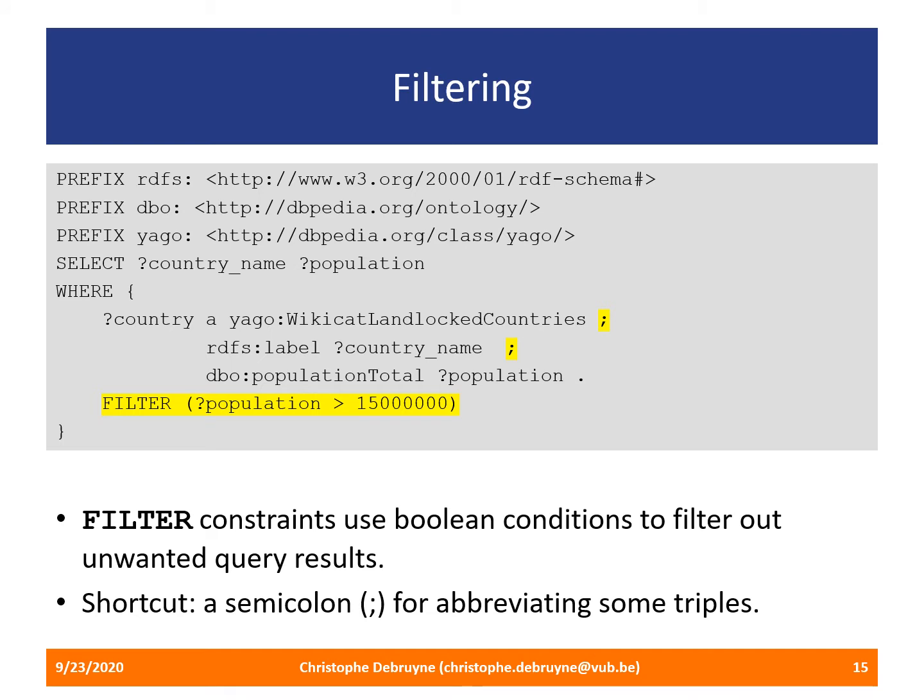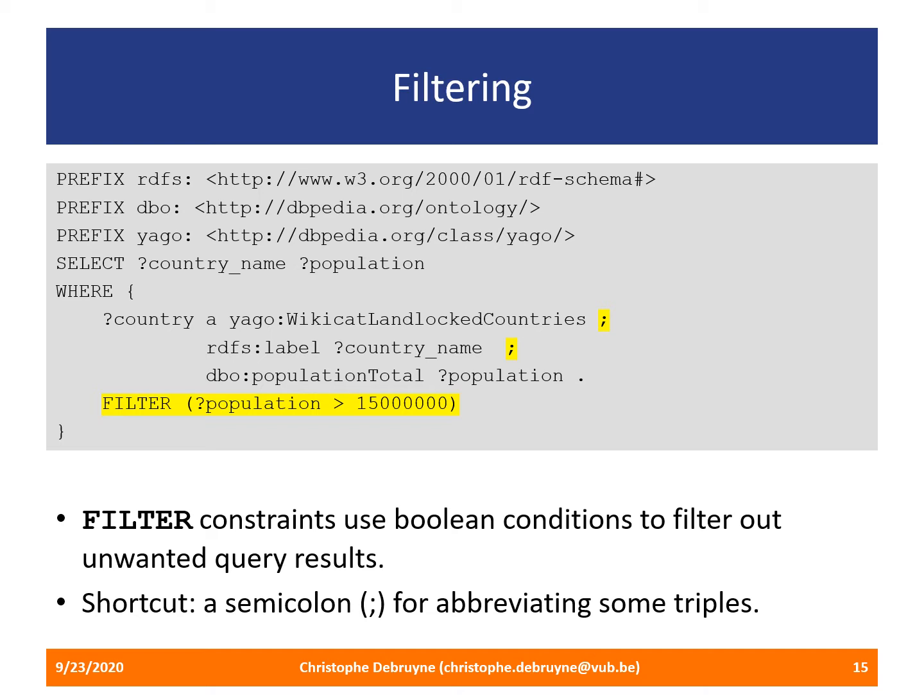Here's another query. In this particular query, we will introduce a new concept called filtering. Filtering allows us to formulate conditions to filter out unwanted results. So we will formulate the conditions that all the possible solutions have to meet in order to be retained in the result set.